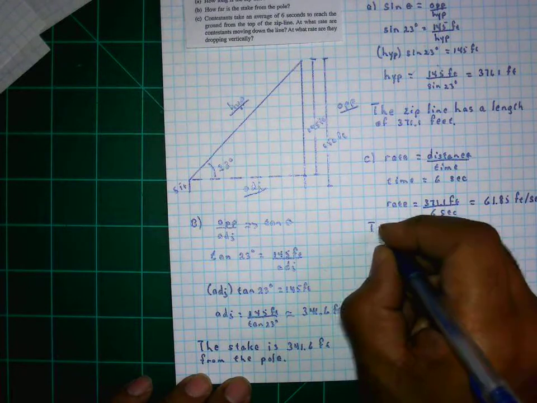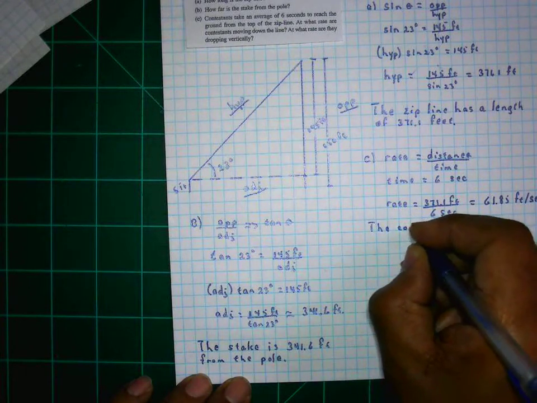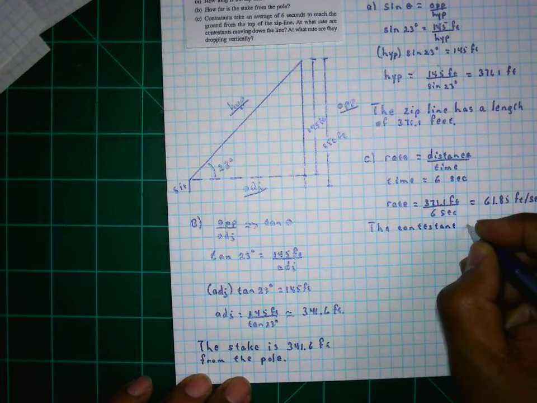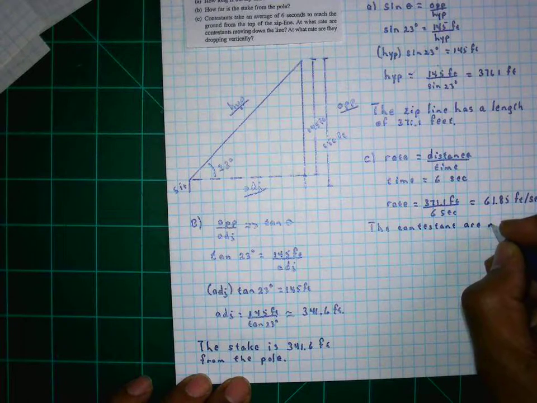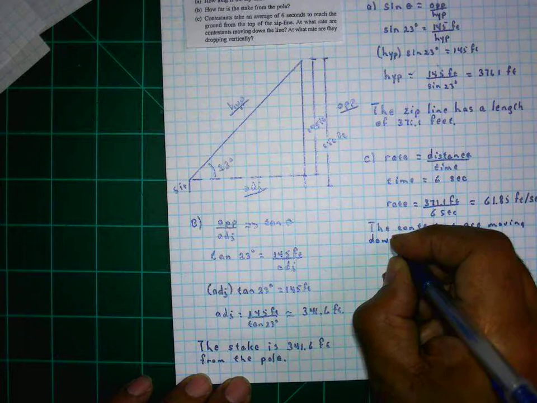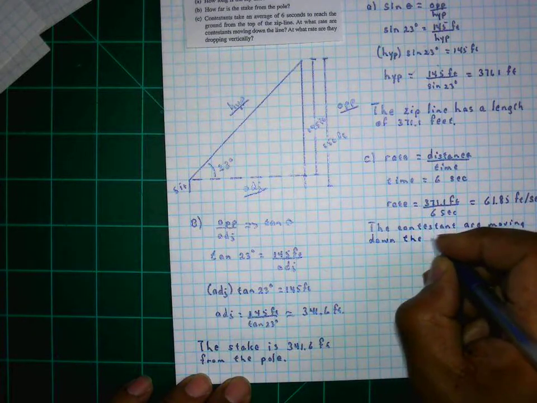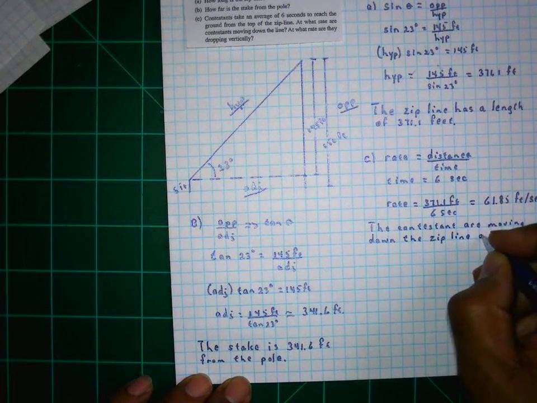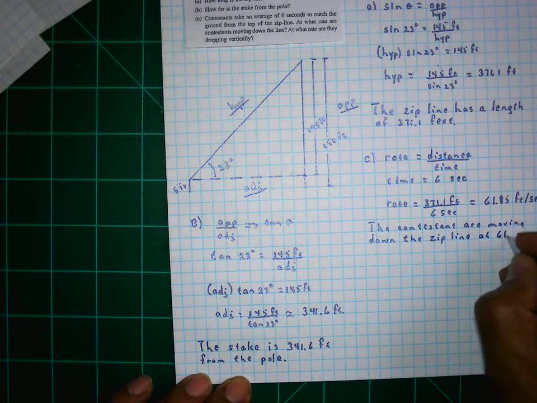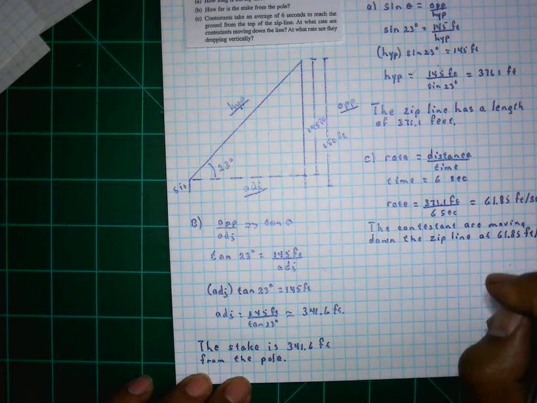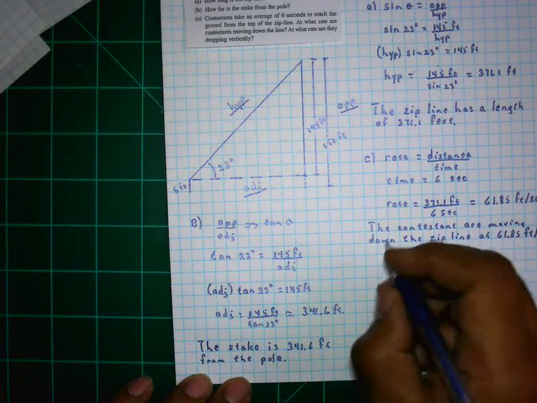Now answer the question. The contestants are moving down the zip line at 61.85 feet per second. Okay. Second part of that is at what rate are they dropping vertically?